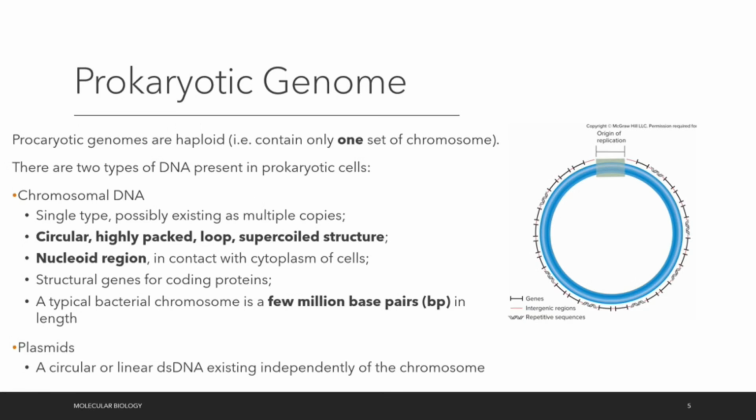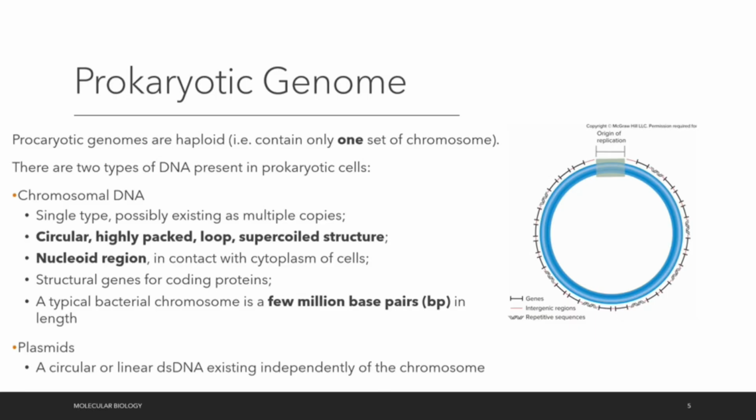For bacteria or prokaryotic cells, the chromosomal DNA, because they're prokaryotic, they don't have a defined cell nucleus. The chromosomal DNA is stored in a region inside the cytoplasm called the nucleoid.